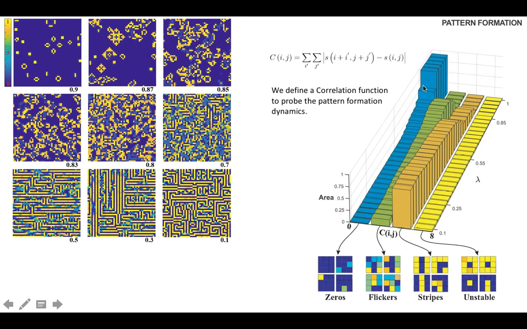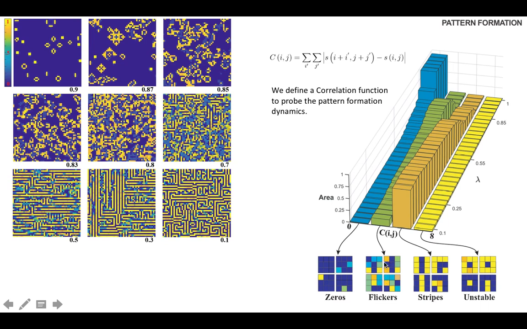Okay, so this is again pattern formation. Here we define pattern formation with a very nice correlation function, which basically sums up the differences between the neighbors. If you have zeros, then you get 0 in the correlation, and you can see that at the beginning zeros prevail, then they decay out.